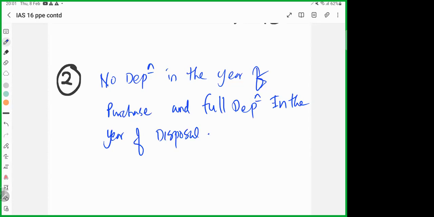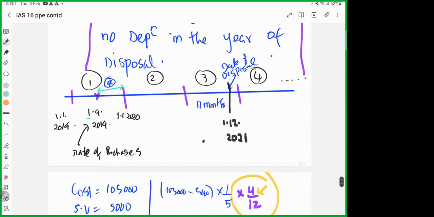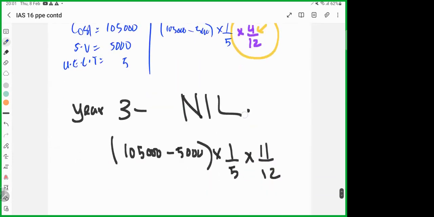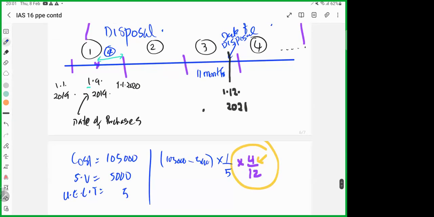If you apply this to this scenario here, in year 1, how much is the depreciation? For the first year, the beginning. First year 0. Exactly. You got to be very careful. Your answer for year 1 will be nil.